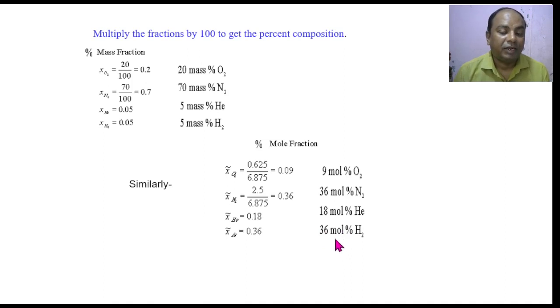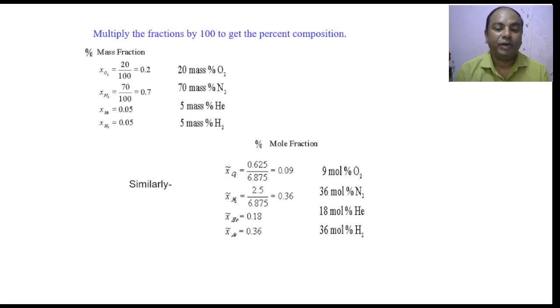That is why, in order to find these things out, we require these calculations. Without doing this calculation, we cannot make a statement by looking at the composition that this may be present in more fraction or this may be present in less fraction.